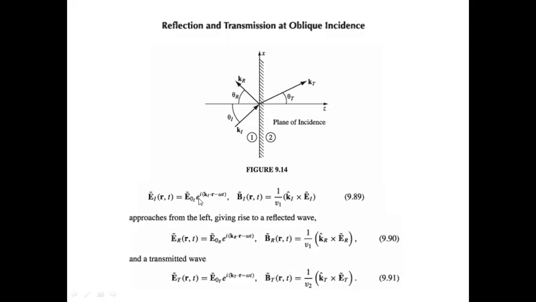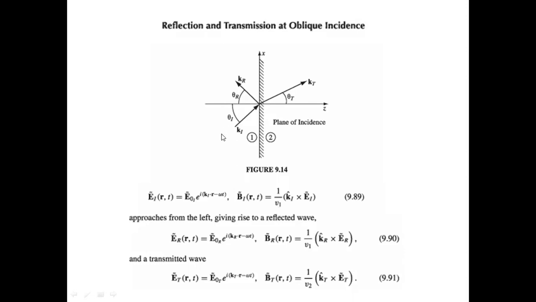We only take the real part in the solution, but this is the solution to the wave equations that we derived from Maxwell's equations. And the magnetic field is just the cross product of the propagation vector with the electric field, divided by the velocity. Here it is the velocity in medium 1.